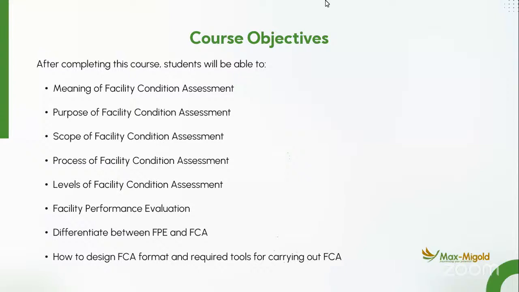It is expected that at the end of the class, every student should be able to understand what is meant by facility condition assessment and the purpose behind conducting it, the scope that condition assessment has to take, the processes involved when conducting facility assessment, and the levels. We have level 1, level 2, and level 3 assessment.